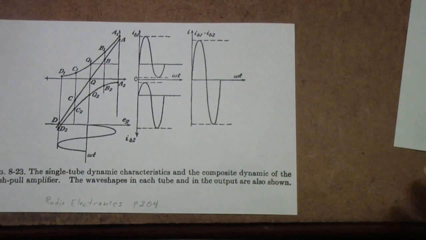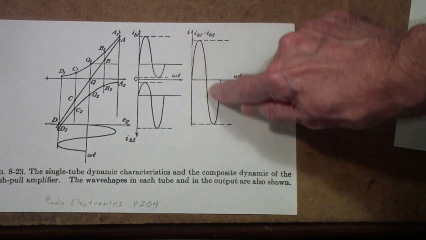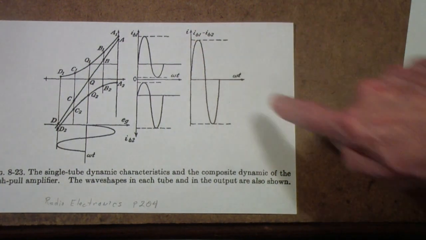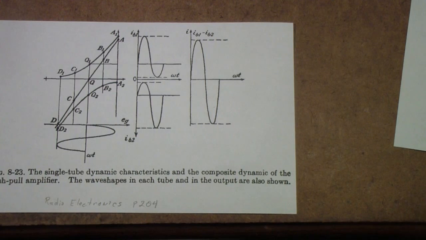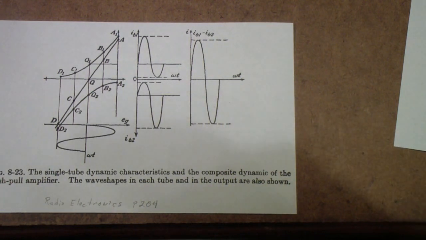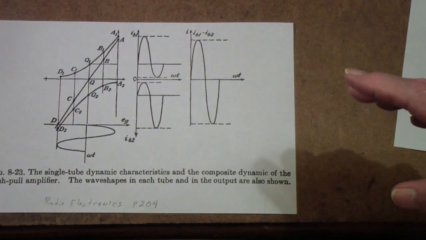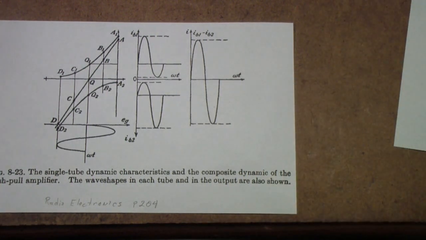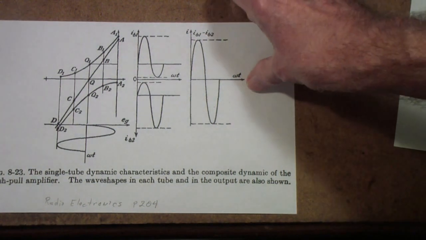Well, the push-pull stage will actually average those together and produce an output which has virtually no even harmonic distortion. In other words, the second, the fourth, the sixth, the eighth harmonics of the input signal are suppressed by the push-pull stage.